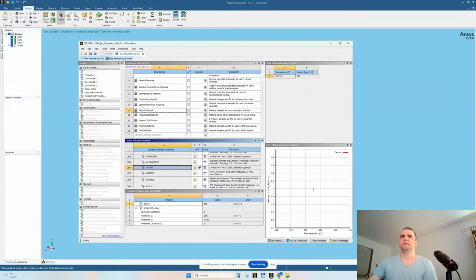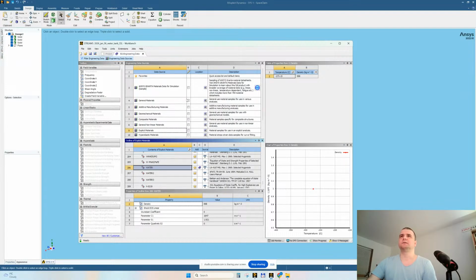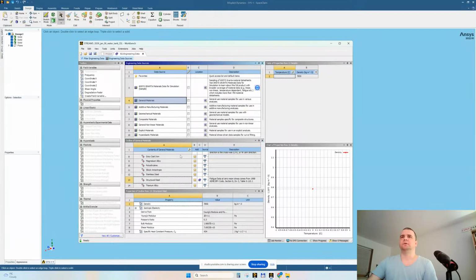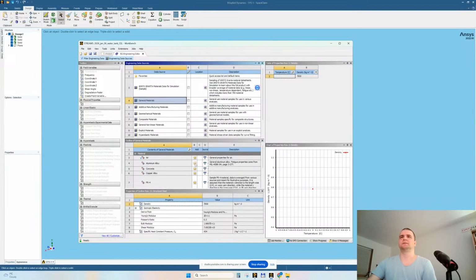All right, for a faster solving, let's use aluminum because it has lower density and it will solve quicker. As I explained in a previous slide, refer to mass scaling and Courant-Friedrichs-Lewy.